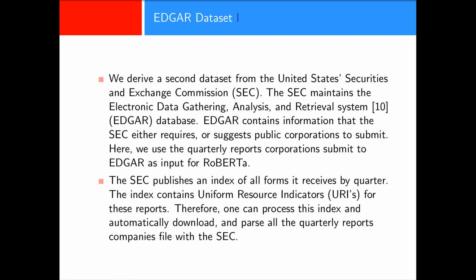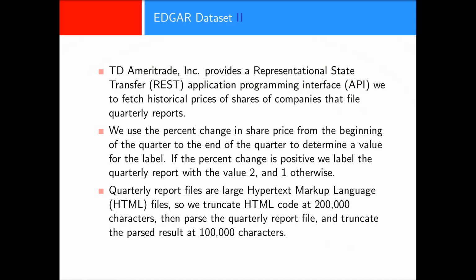Public companies have to publish different reports to the Edgar database, and one of those is the quarterly report where they report profits, losses, and so on and so forth. Then we marry that quarterly report to TD Ameritrade, which has a free REST API that we can use to download historical price data. So we can get the quarterly report for some quarter for a company, get the stock price change from TD Ameritrade, and match those together, and we can get a notion of whether the quarterly report was good.